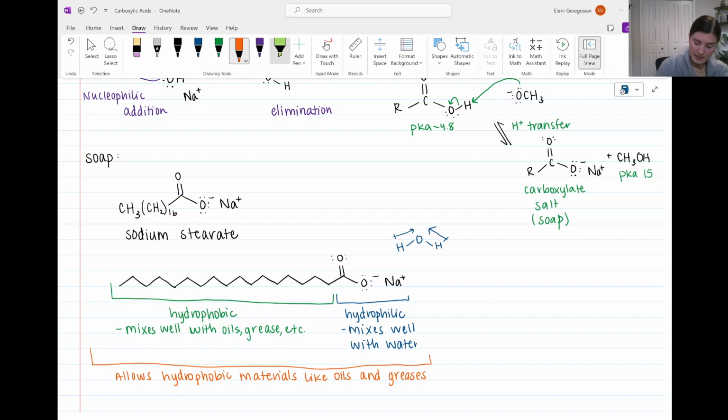And so if you imagine you're trying to clean a plate or clean yourself, if you have oily hair and you're washing your hair, the hydrophobic part of this carboxylate salt mixes with the oils, and then the hydrophilic part mixes with the water, so that allows the oils and greases to be washed away with water.